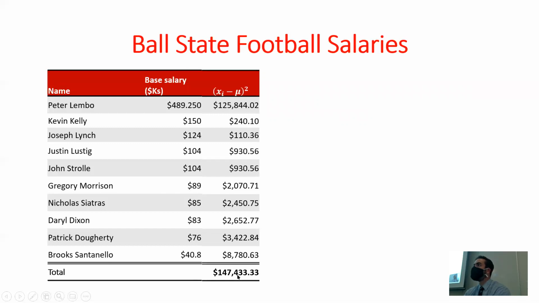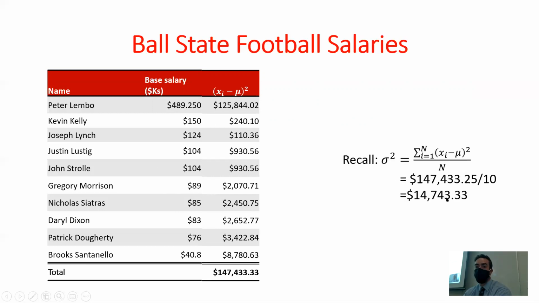And then what's my final step? If I treat this as population data, because I have every single coach that was on salary there, I would take the sum of those deviations squared and divide it by the total number of observations n, and get a variance of about 14,000.